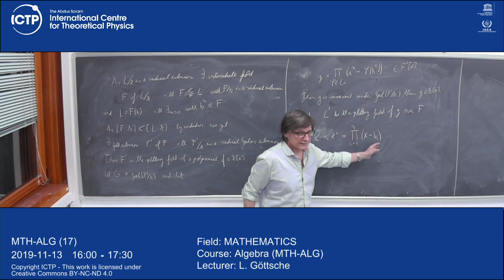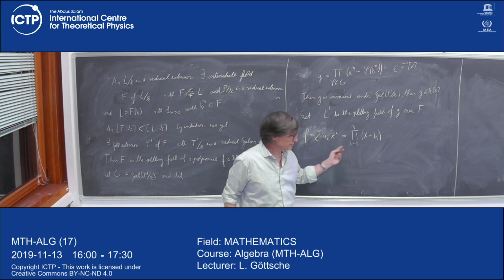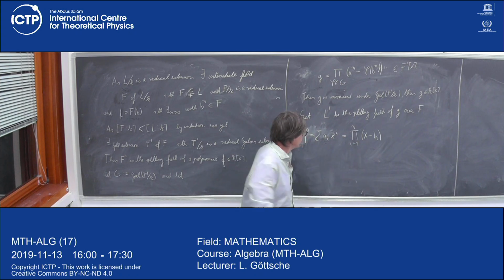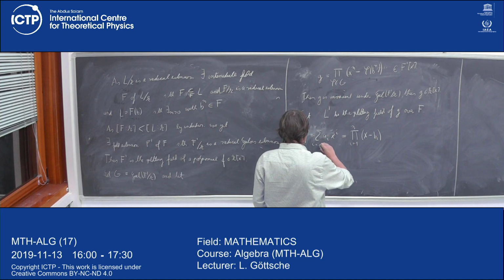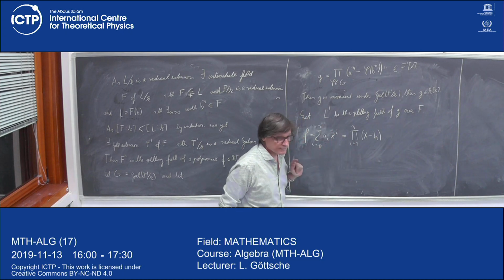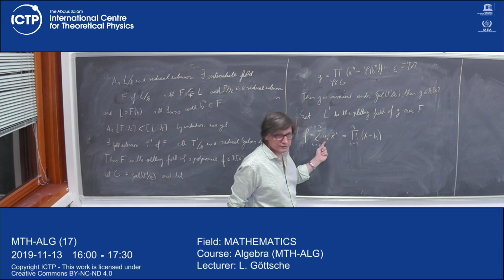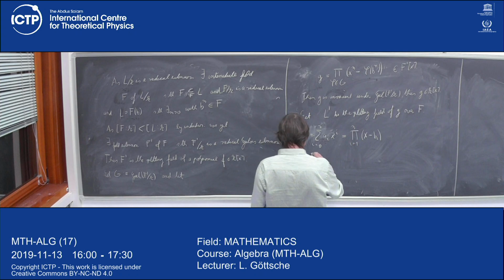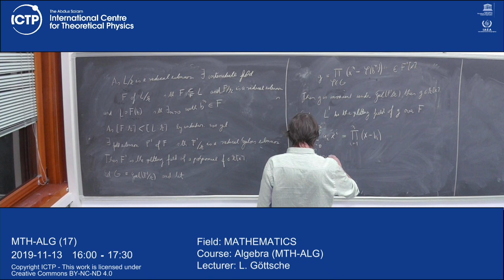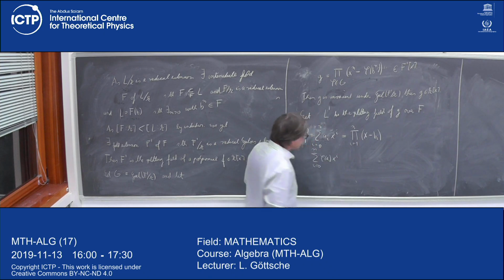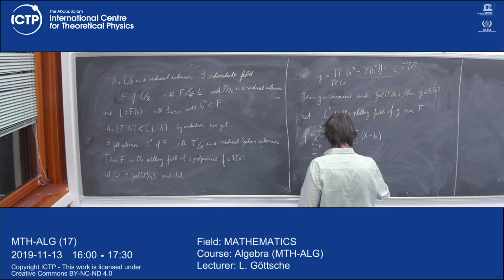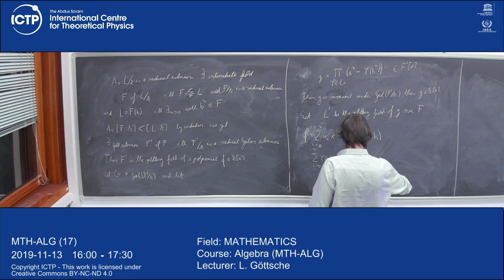Maybe these b_i are in some extension, like the splitting field. So we have this splitting. Now we apply a field automorphism to the coefficients. Then if I take the sum i equals 0 to n of phi of a_i x to the i, if you just multiply it out, this is the same as the product i equals 1 to n of x minus phi of b_i.